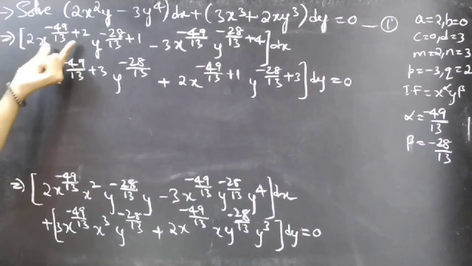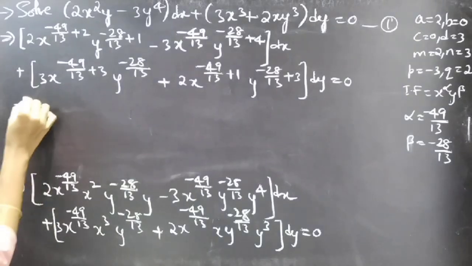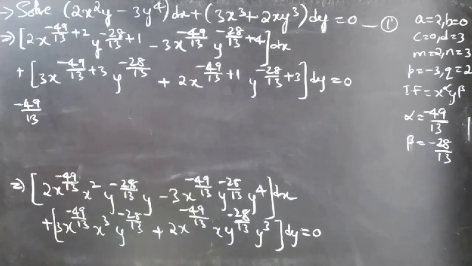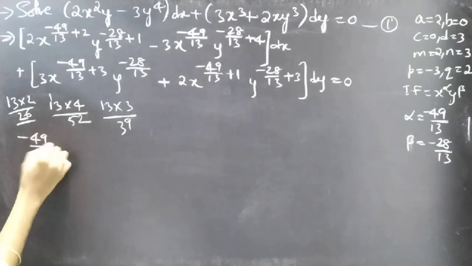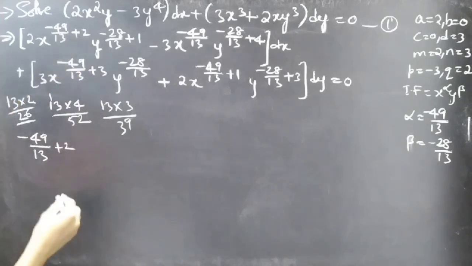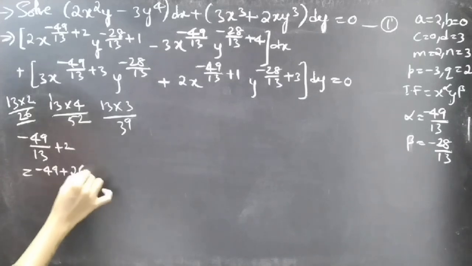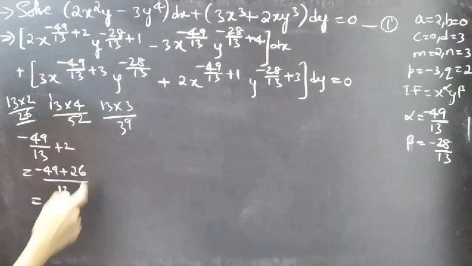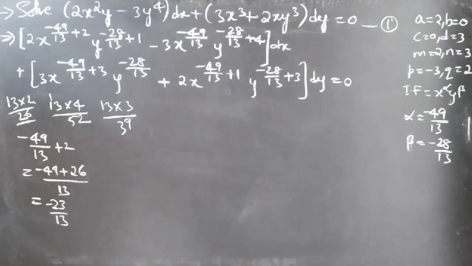Right? Now let's simplify all the powers which are necessary. Right? Fine. I'll begin. Okay. Minus 49 by 13 plus 2 gives minus 49 plus 13 twos are 26 by 13. So 49 minus 26 is 23, minus 23 by 13.